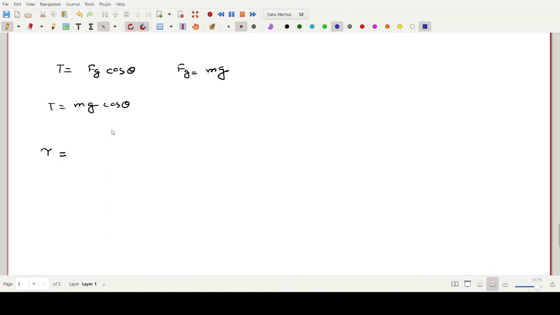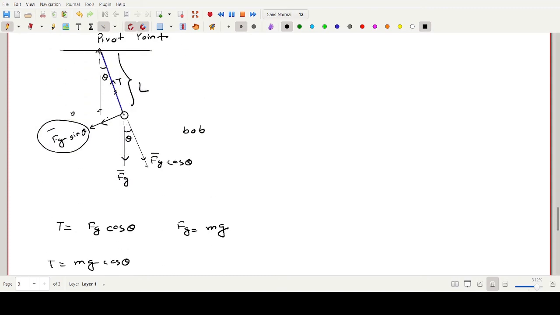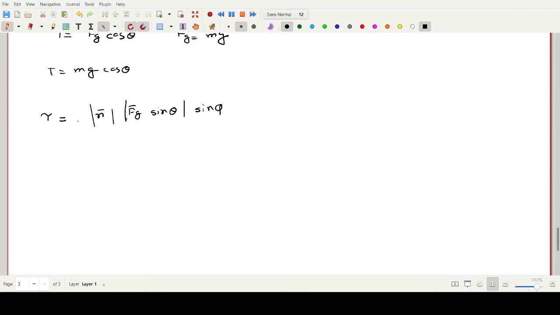So the magnitude of tau will be the magnitude of R times the magnitude of Fg sine theta times sine phi, the angle between R and the force. The angle is 90 degrees, so sine phi is sine 90, so it will be minus R Fg sine theta. Now R, the distance, equals the length of the string, which is L, so this is minus L Fg sine theta.